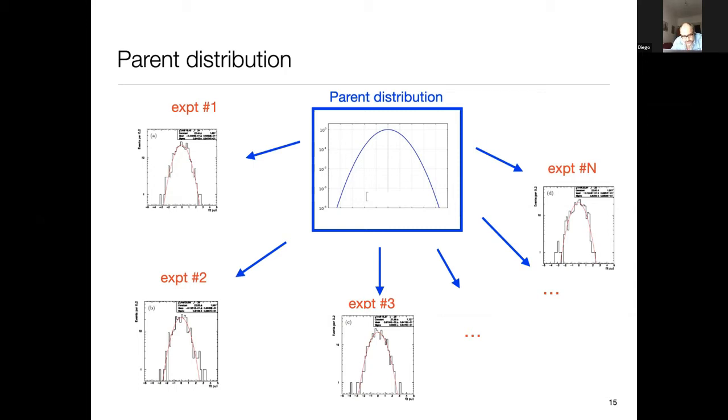And then each of you does an experiment on this particular quantity, and each of you will basically observe one of the small plots that you see circling here, the blue ones, right? Someone will see this distribution, some others will see this one on the bottom left, and then another on the bottom. And they are all different because they all have different statistical fluctuations with respect to one another, but the underlying shape is the one of the parent distribution, which is inaccessible experimentally, of course.